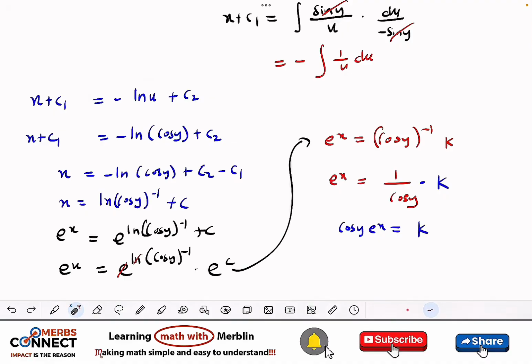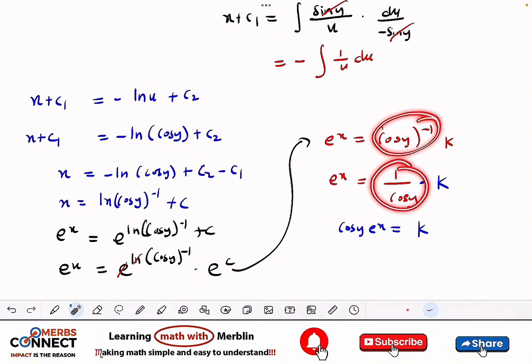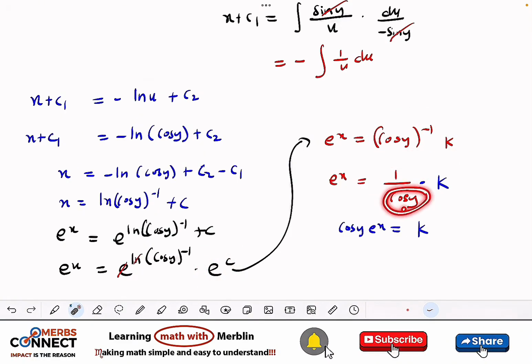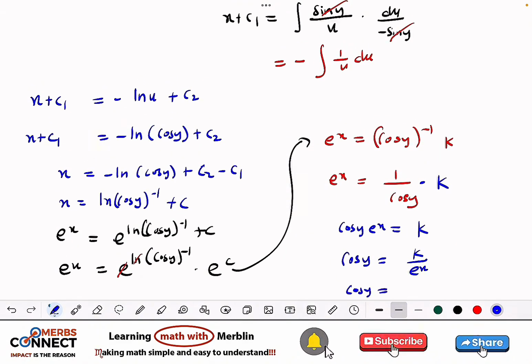So basically, I said this one can be a constant and this one can be written as this, and then I just multiply through by cos y. So when I multiply through by cos y here and here, this one will be this, and then cos y will be equal to k divided by e^x, and cos y will be equal to k e to the power minus x.